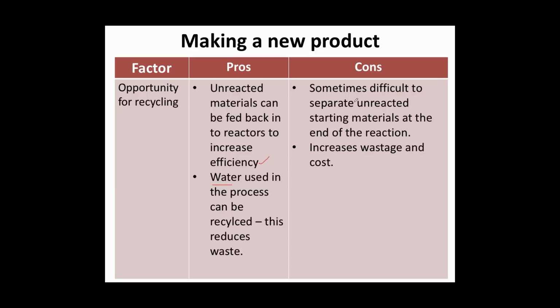Some cons are, of course, things that are going to stand in your way. When you think about recycling, it's sometimes very difficult to separate unreacted starting materials or the feedstock. When it becomes very difficult to separate, the opportunity for recycling tends to decrease. When that happens, of course, wastage and cost.